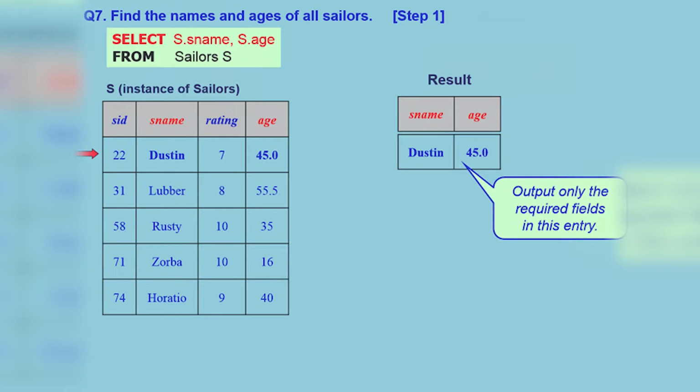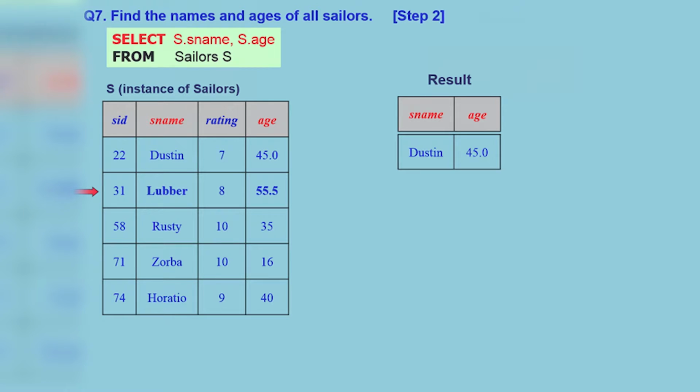Output only the required fields in this entry. Next step, Lubber. His age is 55.5. Add this row to result.